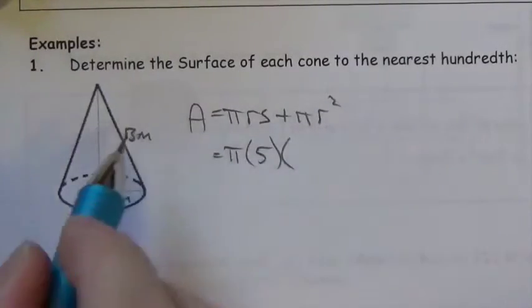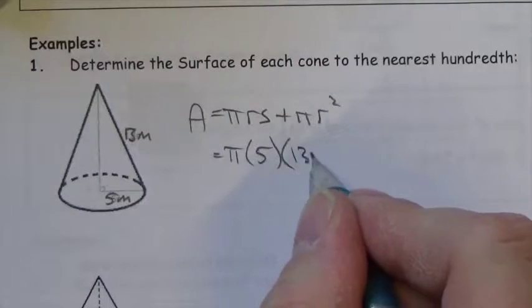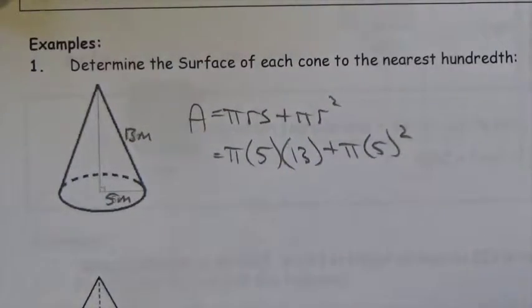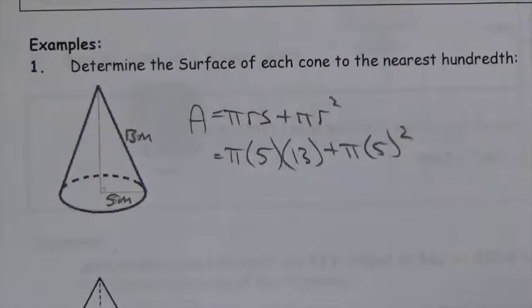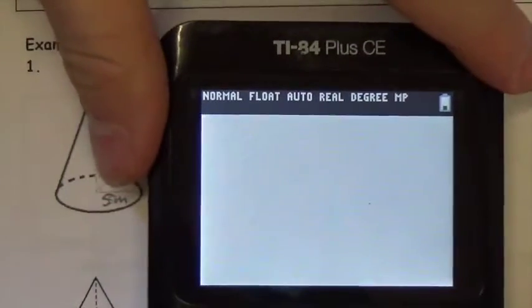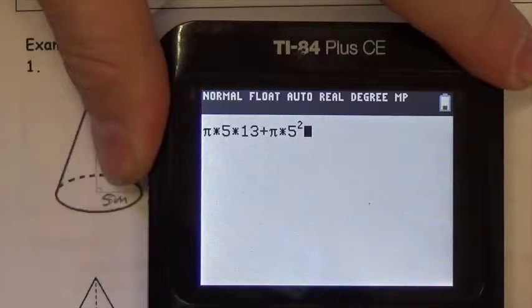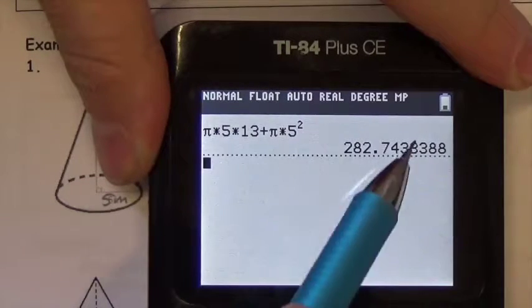That's pretty straightforward. And in this case, we're giving you s as 13. We've already established what the radius is. So now this is really just a matter of going to the calculator and plugging that all in exactly as we see it: pi times 5 times 13 plus pi times 5 squared. Press enter.